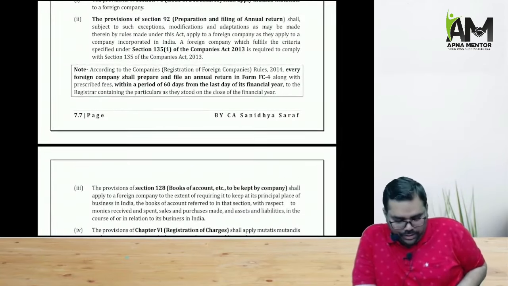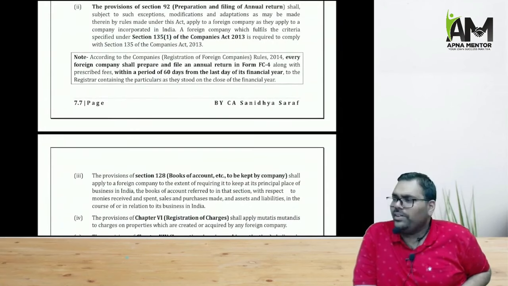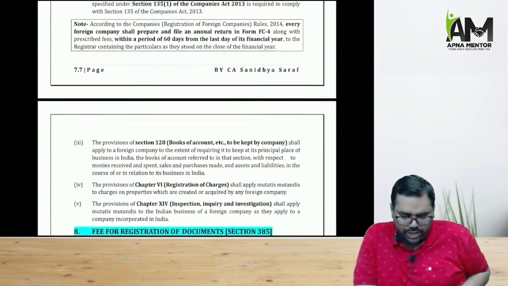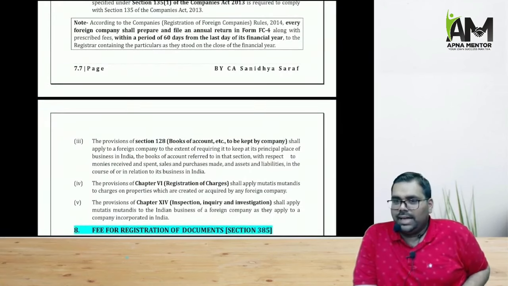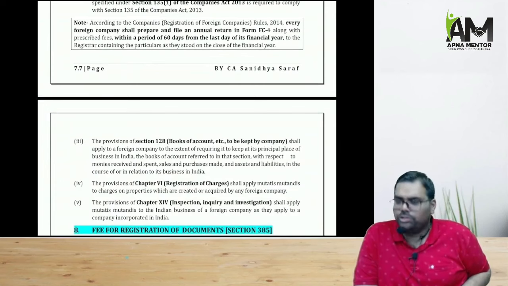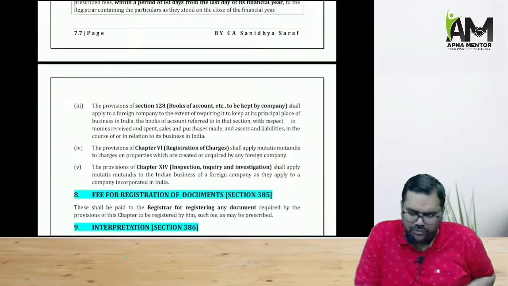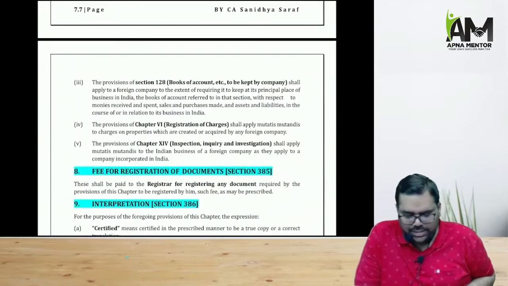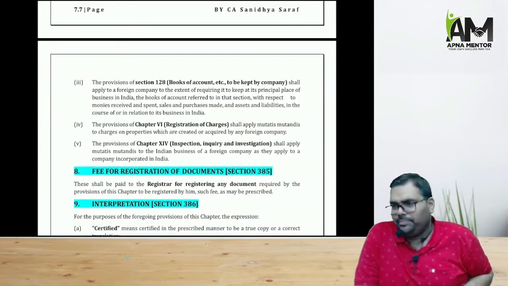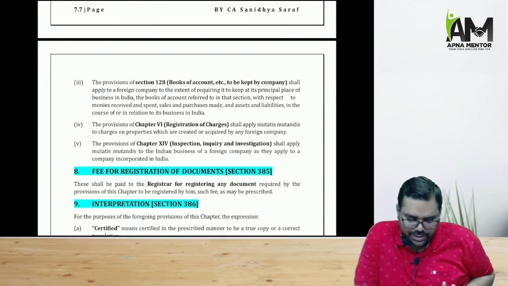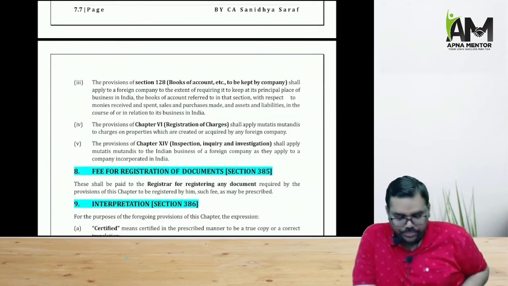Right. Similarly, oh you want to maintain books of accounts also, no? Then the provision of books of accounts will also be applicable. Follow the requirements given in the books of accounts, section 128.